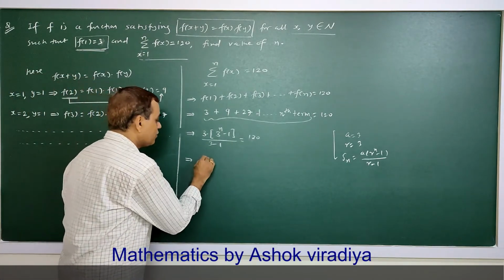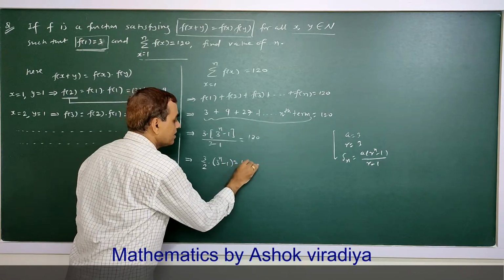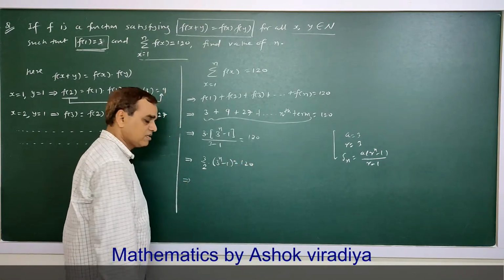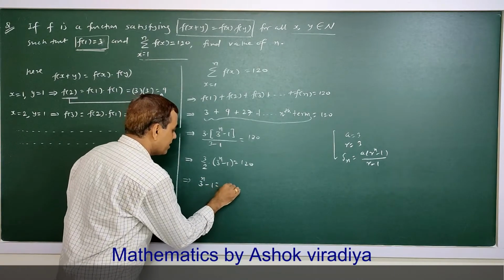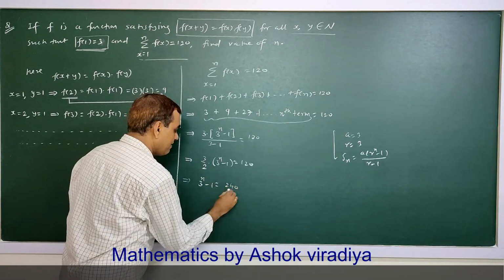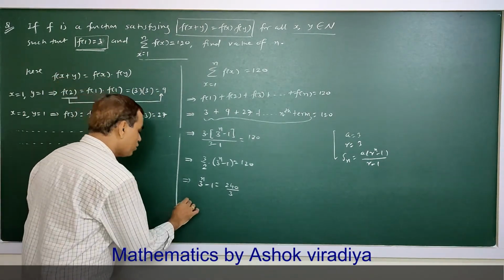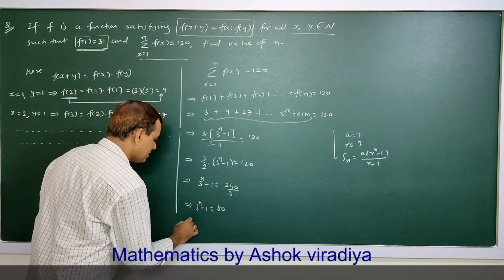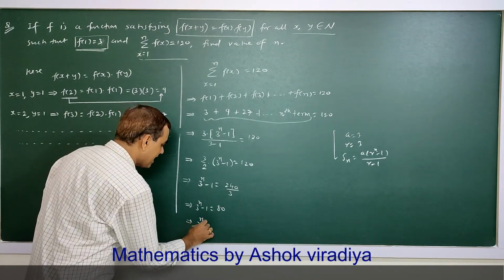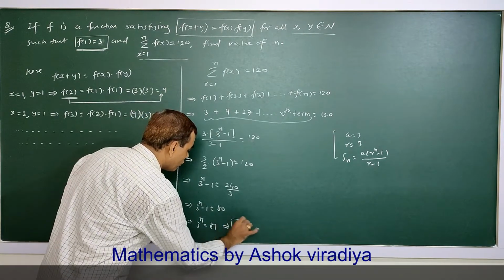So this is 3 by 2 into 3 raised to n minus 1 is 120. So 3 raised to n minus 1 is 240 divided by 3. So 3 raised to n minus 1 is 80. So 3 raised to n is 81, therefore n is 4.